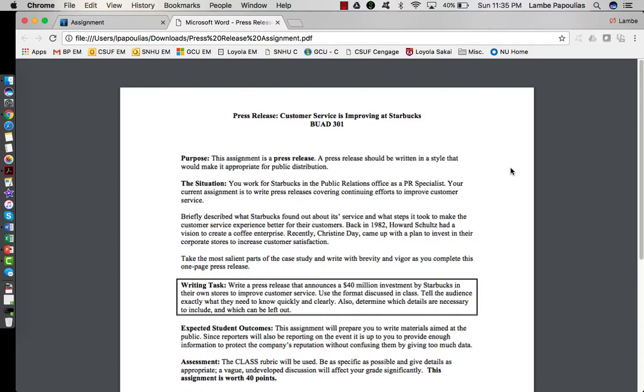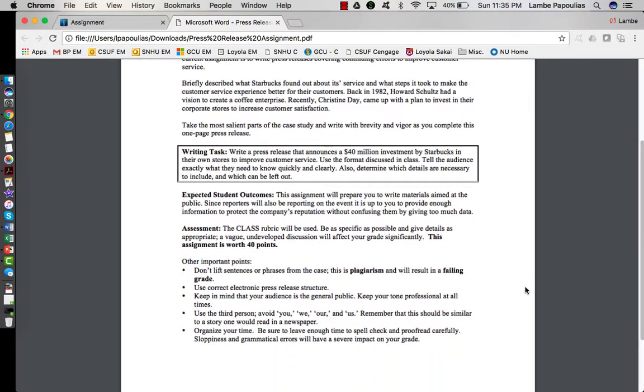Also determine which details are necessary to include and which can be left out. Expected student outcomes. This assignment will prepare you to write materials aimed at the public. Since reporters will also be reporting on the event, it is up to you to provide enough information to protect the company's reputation without confusing them by giving too much data.